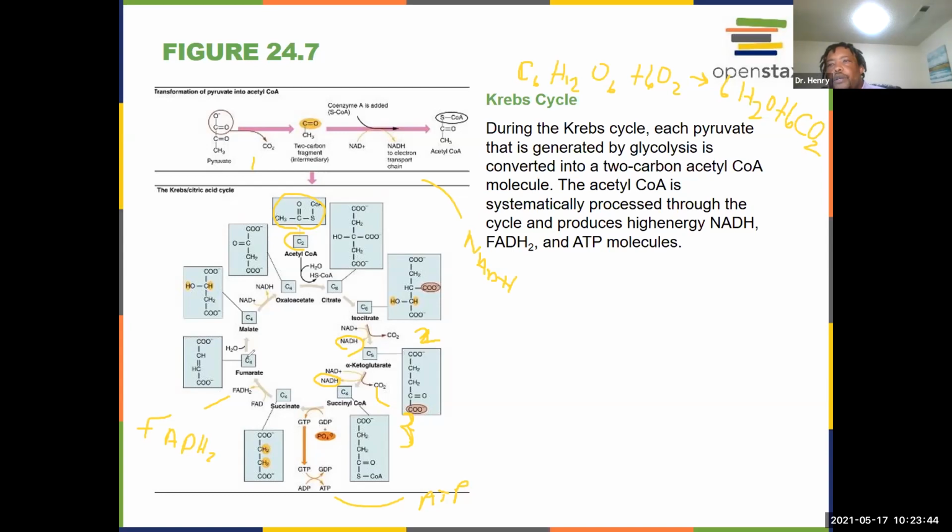So then we're going to go to succinate, which is a C4, to fumarate, and then fumarate is going to utilize some water, and then we're going to get malate. After we get the malate, we're going to transfer some electrons to make some NADH. So at this point, we have an NADH here. There's an NADH here. So now we have a total of 2 NADHs.